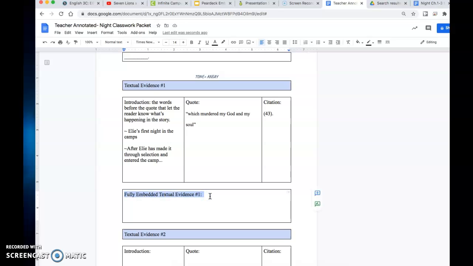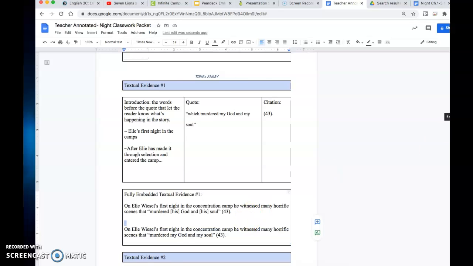From the Pear Deck, we know that fully embedded means blended, it means really smooth, and you're not using things like the author says or the author states. If you have not done so, again, go back to the Pear Deck because that's going to take you from a 3 to a 4 when you write your final body paragraph. So go ahead and pause the video, work on your sentence, and then click and I will show you my example and explain why it's embedded.